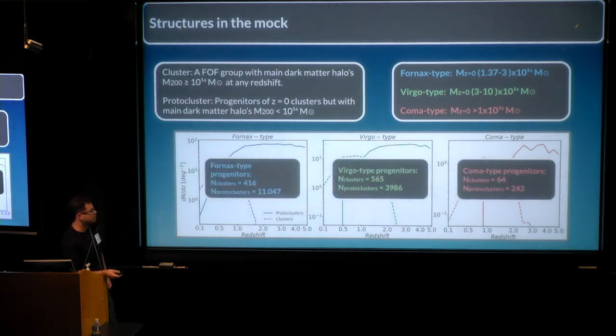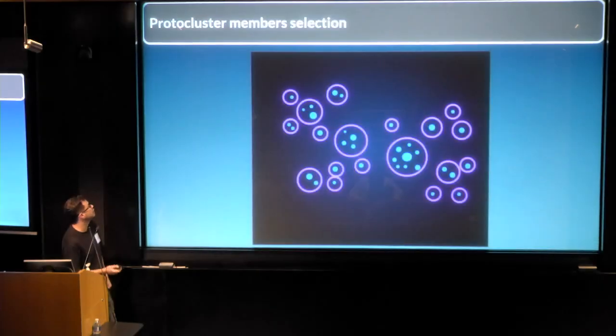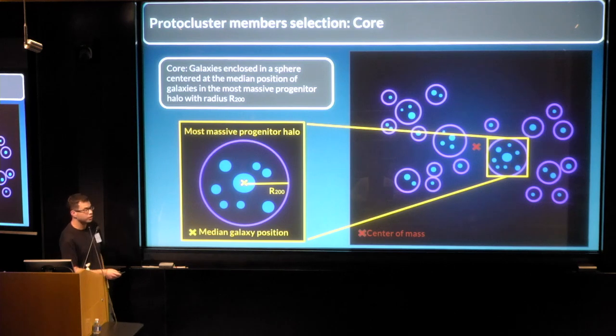So we have some numbers here, and we separate the different environments in protoclusters. It's just a cartoon. We define the core as all galaxies that are in the most massive dark matter halo that composes the structure. We can see that it does not always coincide with the center of mass of the structure.